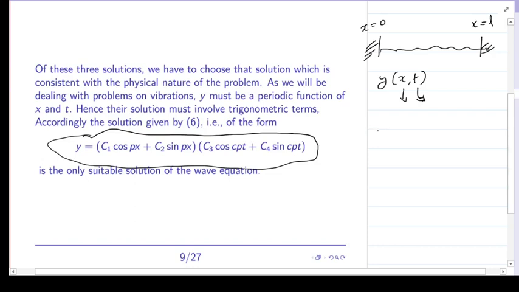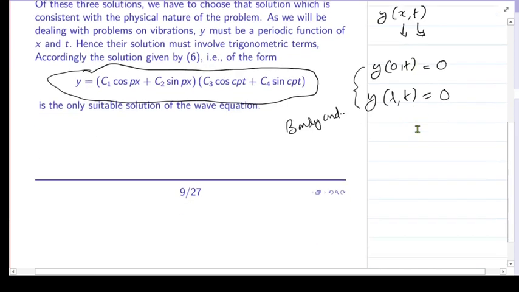For example, y(0,t): since the string is tightly fixed at the endpoints, this becomes 0. Similarly y(L,t) = 0. These are called boundary conditions.